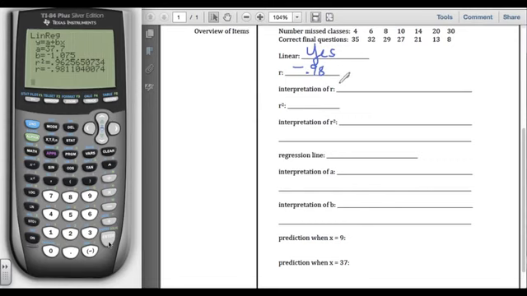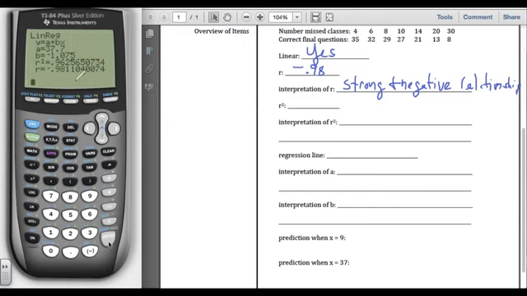It tells me that I have a strong relationship, and also I have a negative trend. So this is a strong and negative relationship or trend between this data. There's a strong relationship between the number of classes you miss and the number of questions you get correct on the final exam.